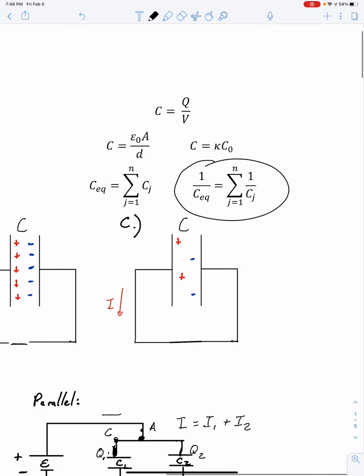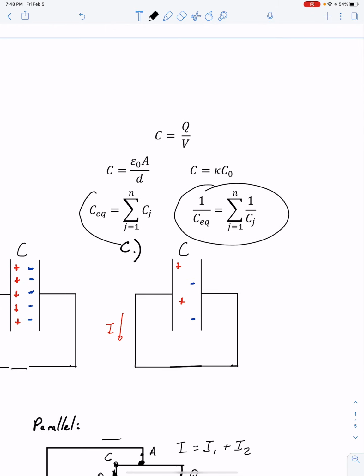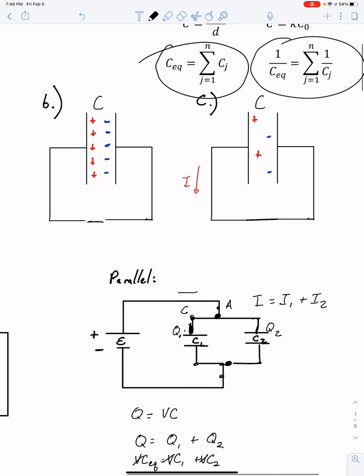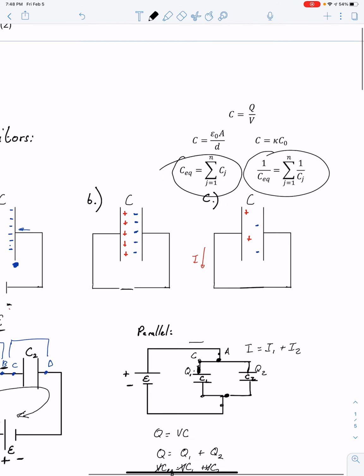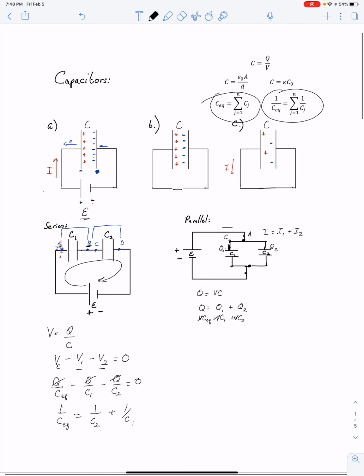You have the same equation for capacitors in parallel. Okay, so I wanted to talk to you about that, which is great.